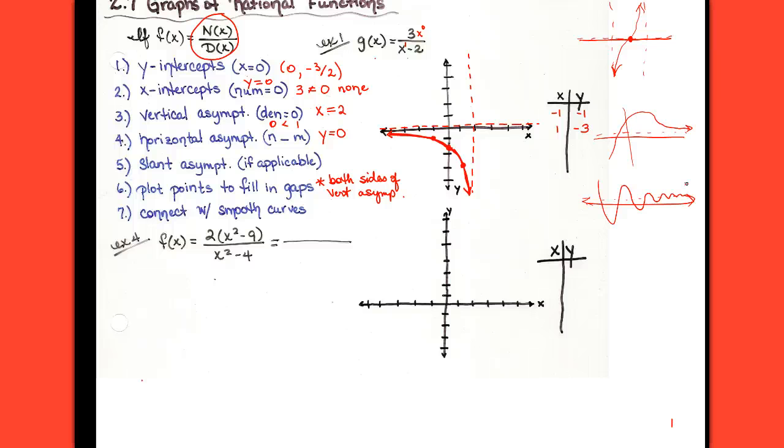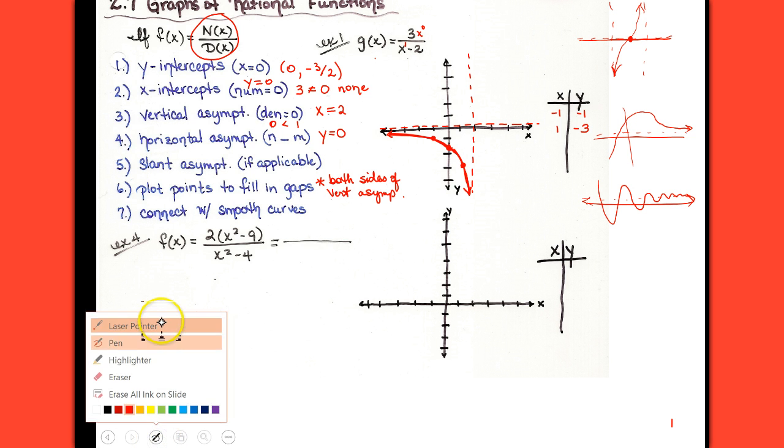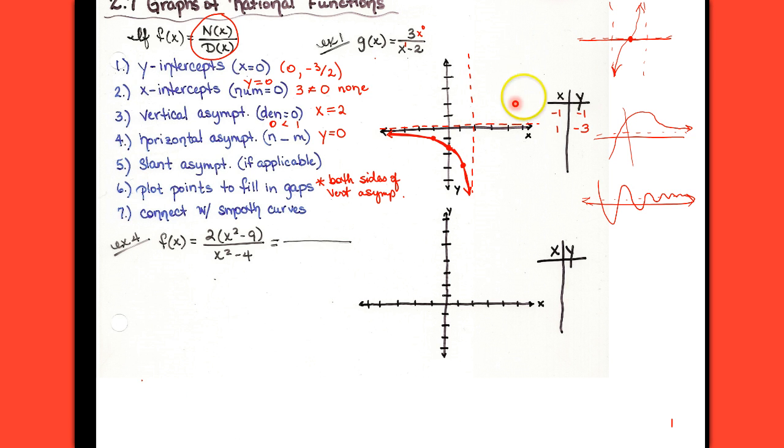So if I go back to what's going on the right-hand side of this function over here, I'm definitely going to need at least a point or two to see where I am. Since the asymptote is at 2, let's maybe plug in 3 and 4.